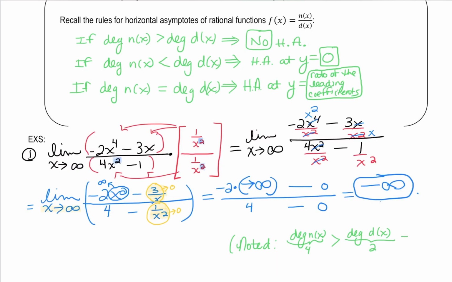And so that meant that there was no horizontal asymptote, which of course means that there is no limit. And so no limit makes sense with the fact that this limit actually went to negative infinity. So there was no limiting value to it.